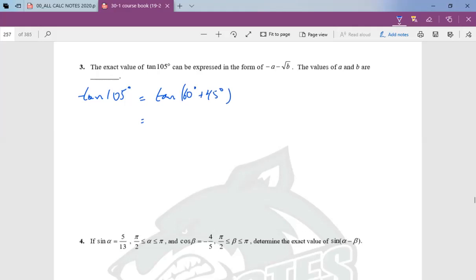And we're going to use our tan sum formula. That ends up being tan 60 plus tan 45, all over 1 minus tan 60 tan 45.